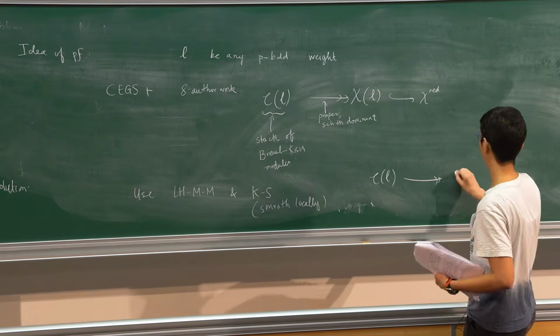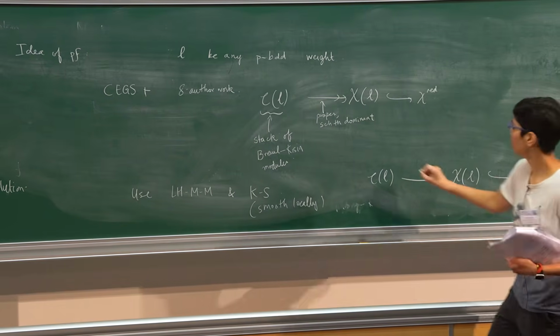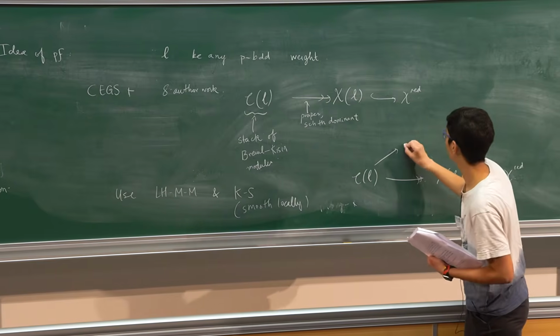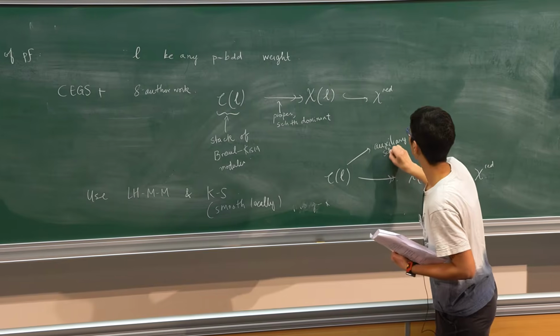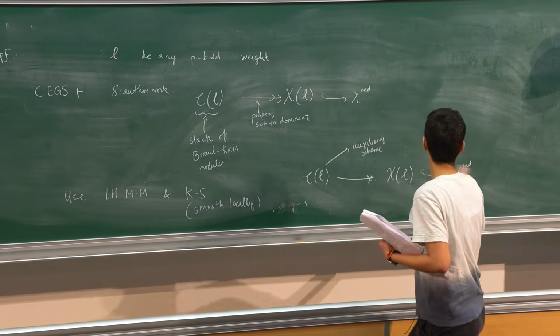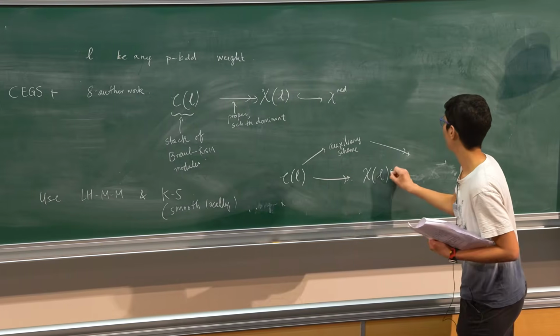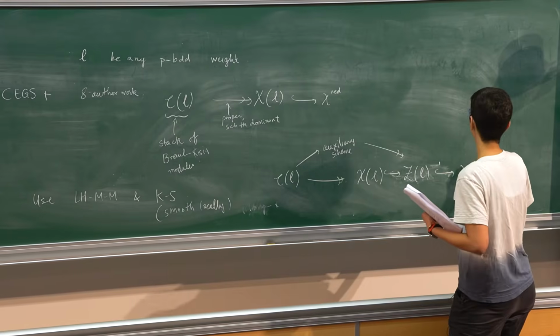So this is XL. This embeds in X reduced. And because we are working smooth locally on some scheme charts, there is some auxiliary scheme, which maps properly and surjectively onto some, let's say, ZL, which lives inside X reduced.